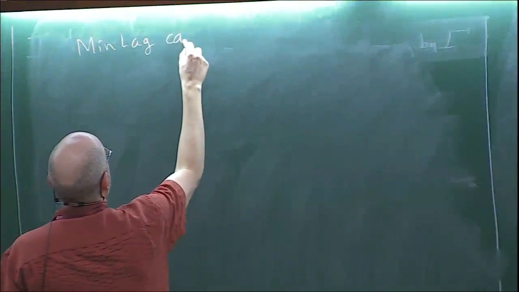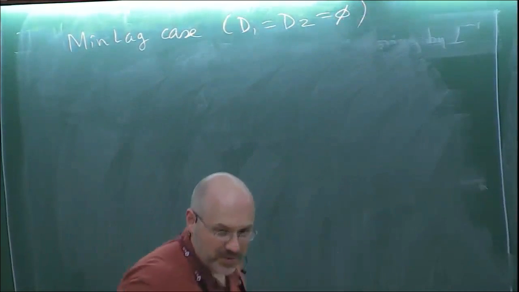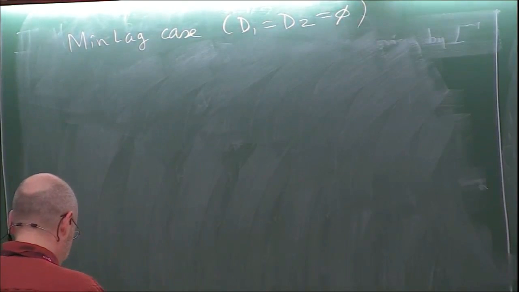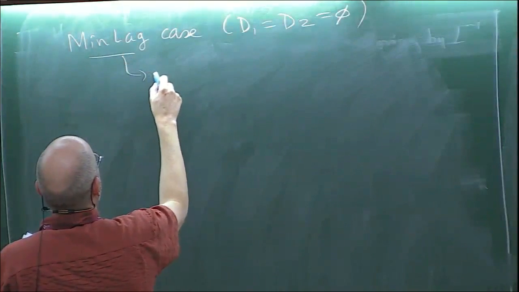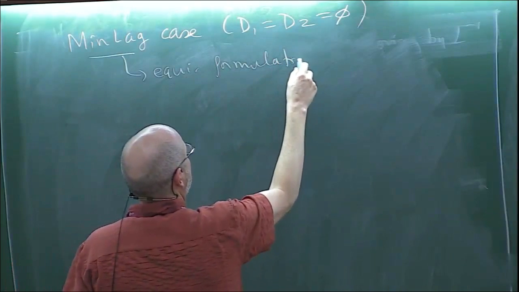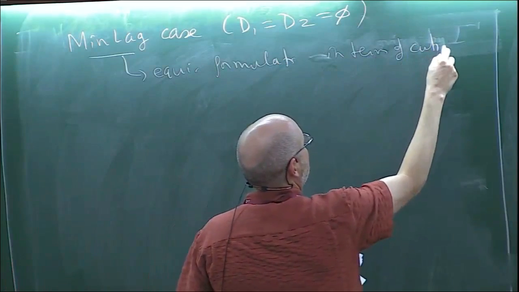So the minimal Lagrangian case, in this setting, is just where these divisors are both empty, by Wolfson's theorem. The way we consider this is that we can prove there's an equivalent formulation in terms of a cubic differential.